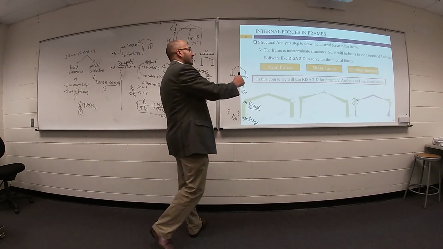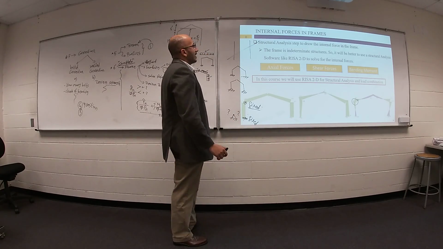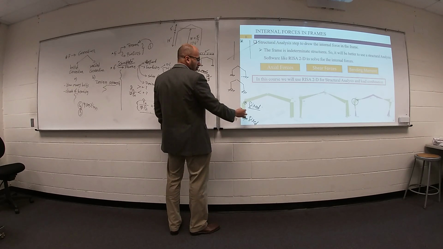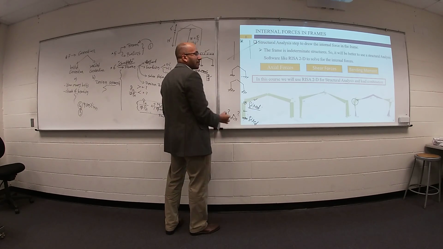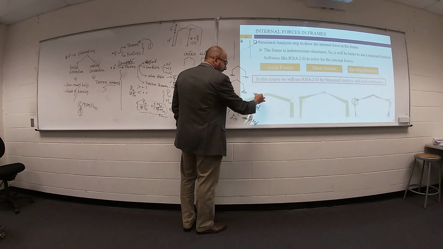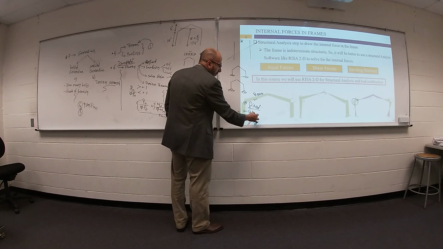In this case, we have some chart, some line like this, that can tell you the exact value of K based on the stiffness of your column and the stiffness of your beam. This one is considered the beam, this one is considered the column.